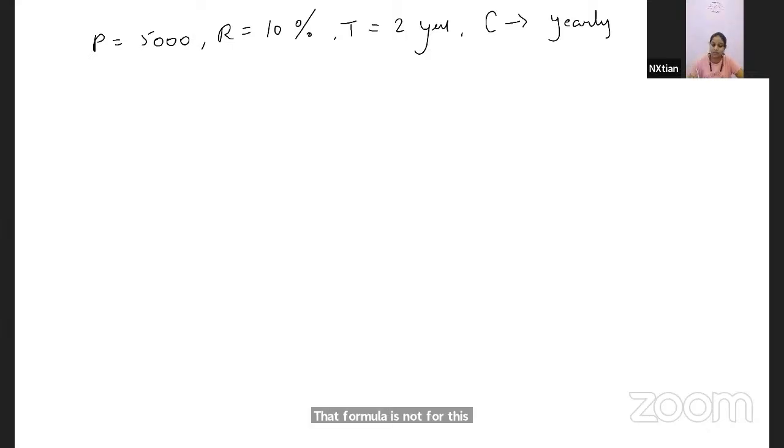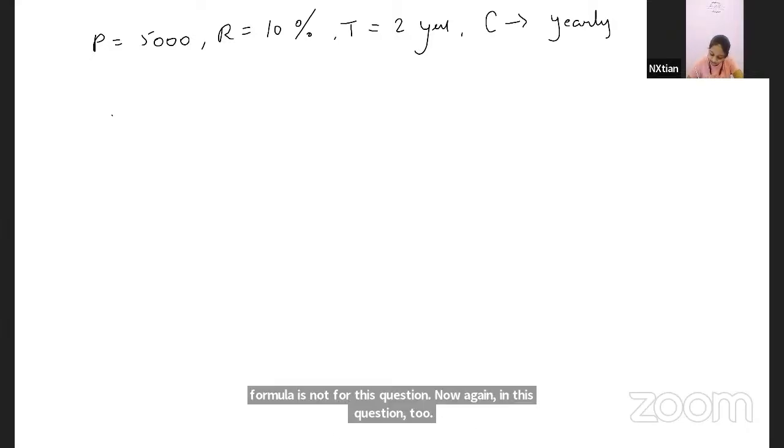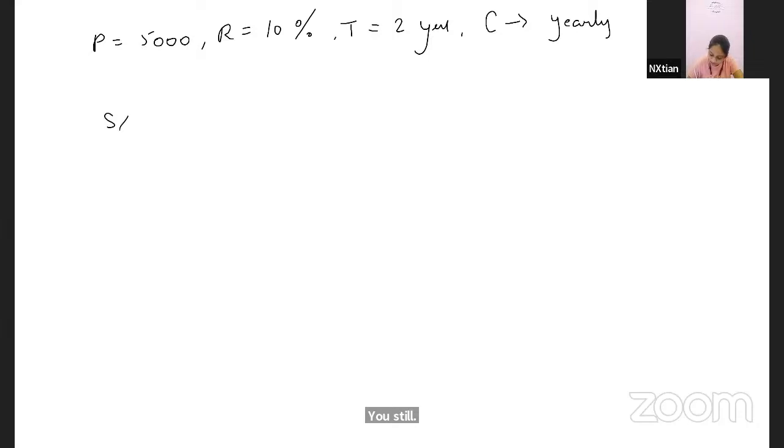Now, in this question too, use the simple interest formula first: SI equals PRT by 100. After that, use the compound interest formula.